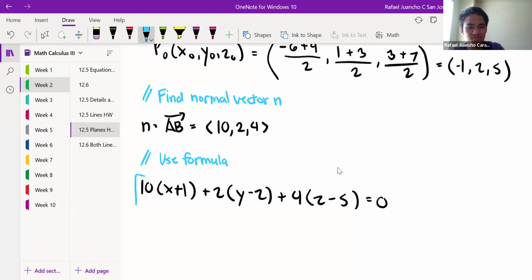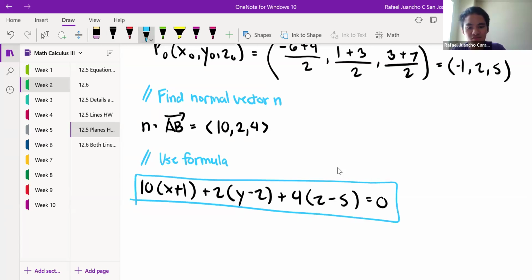So that's our equation for the plane. Nice and easy. I could simplify, but do I want to? Probably not.